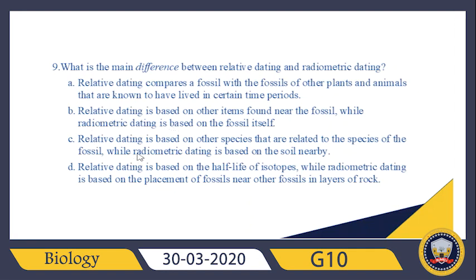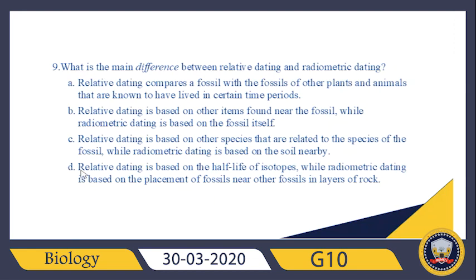C, relative dating is based on the other species that are related to a species of a fossil, while radiometric dating is based on the soil nearby. What do you think, guys? Last point, D, relative dating is based on the half-life of isotopes, while radiometric dating is based on the placement of fossils near other fossils in layers of rock.